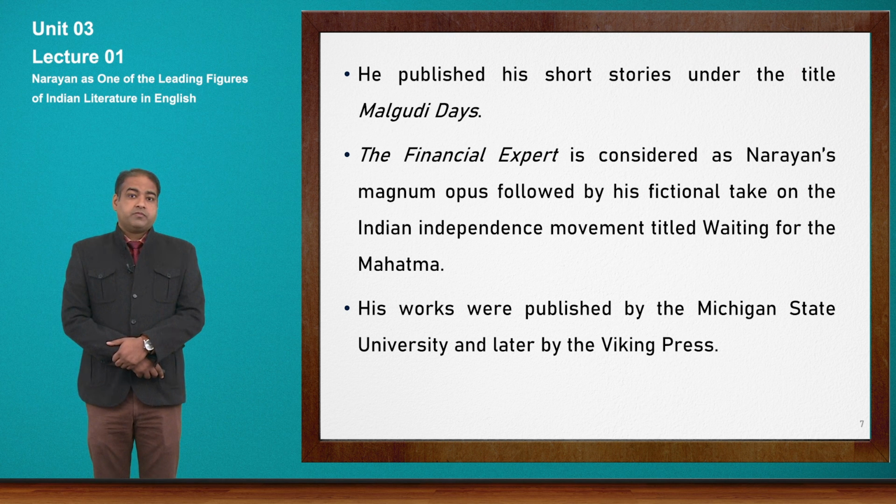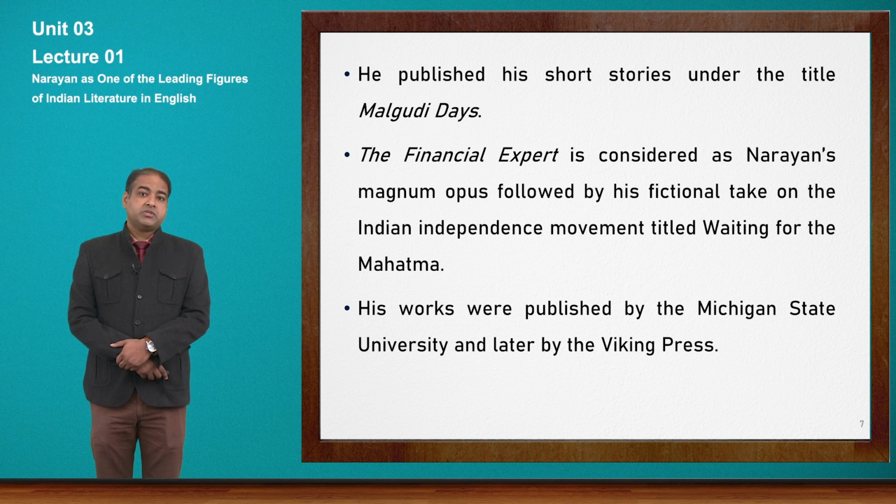Well, friends, like I told you, R.K. Narayan has written many famous works, and one of them is Waiting for the Mahatma. R.K. Narayan, through this work, was able to compile the complete Indian national movement and the spirit with which people were struggling in India to get independence.